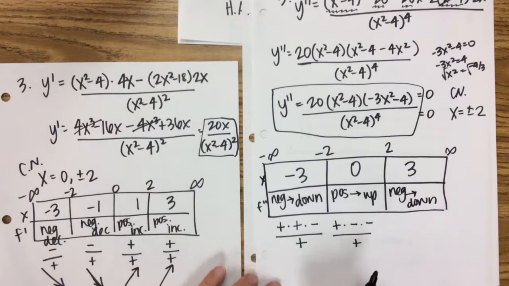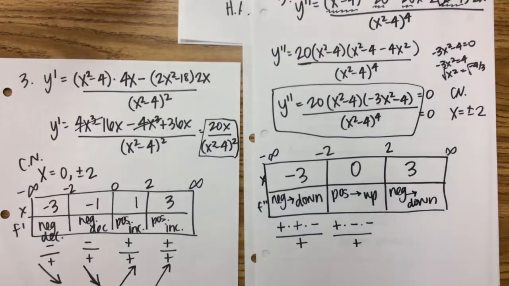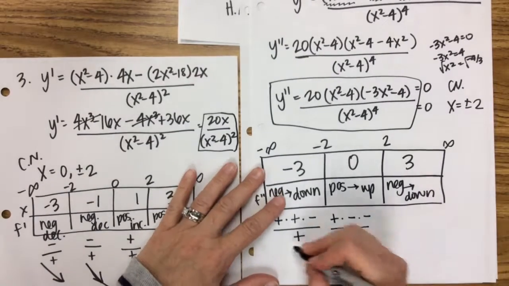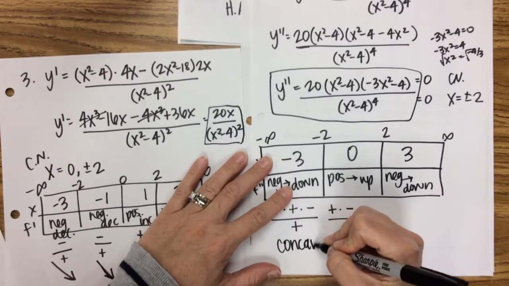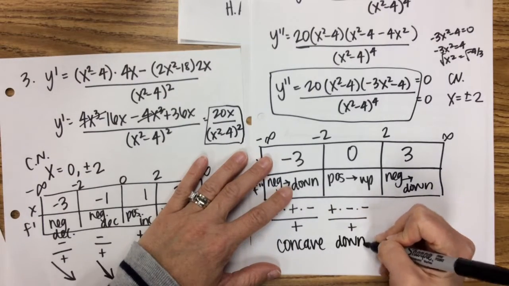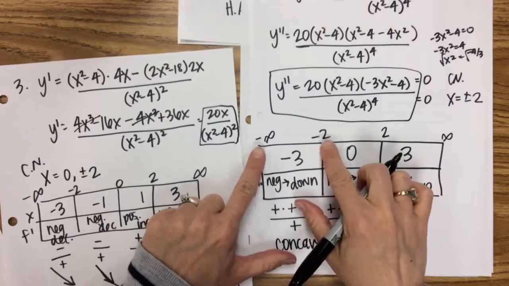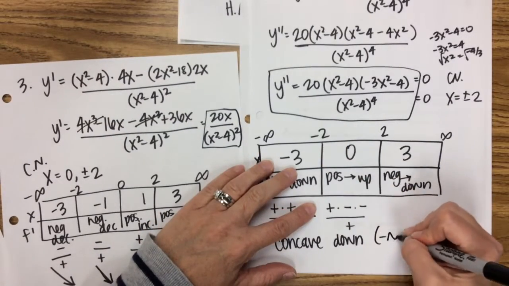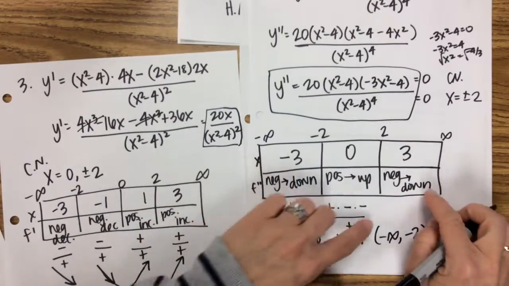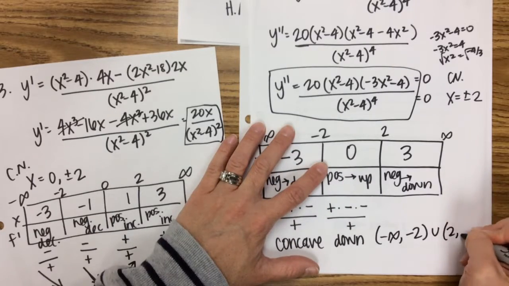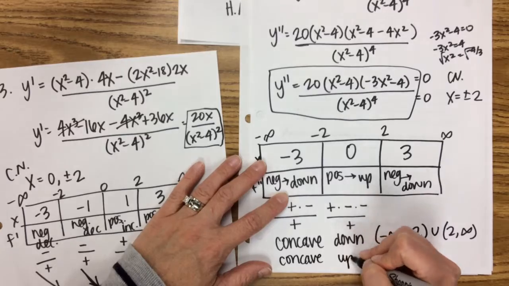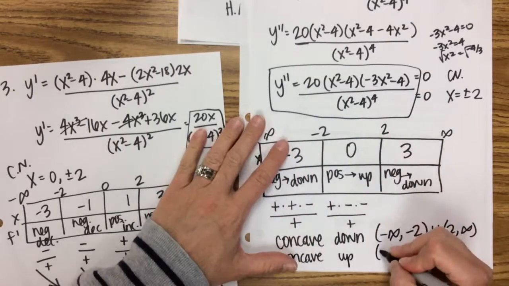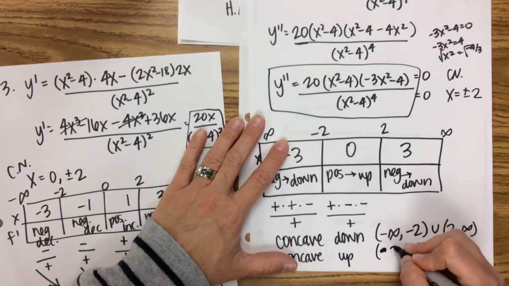So if I'm going to summarize my concavity, I would say concave down would be negative infinity to negative 2, and 2 to infinity. Concave up, negative 2 to 2.